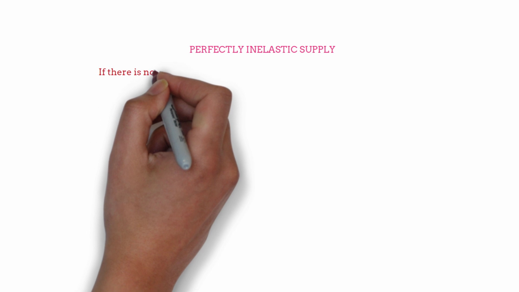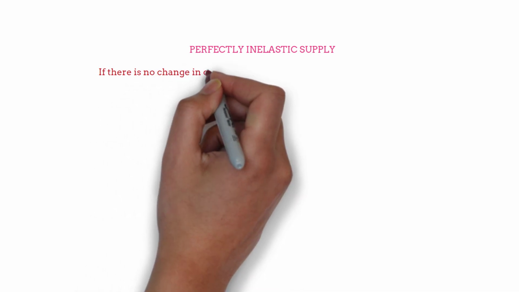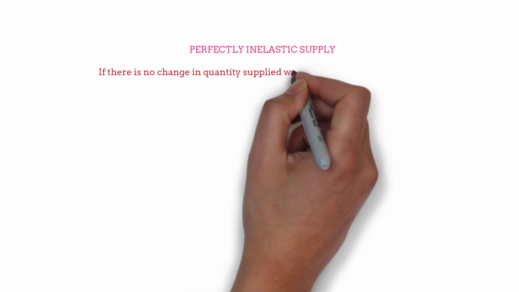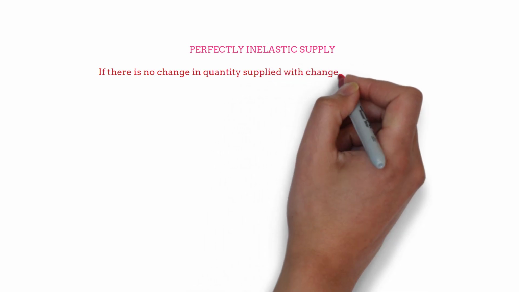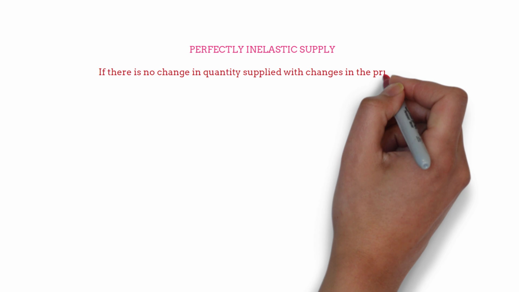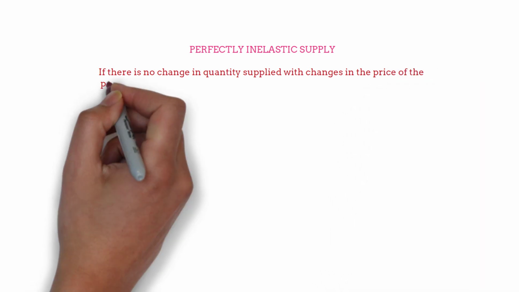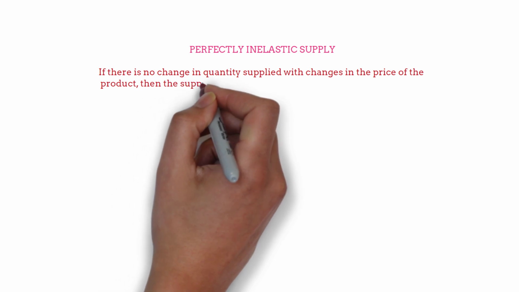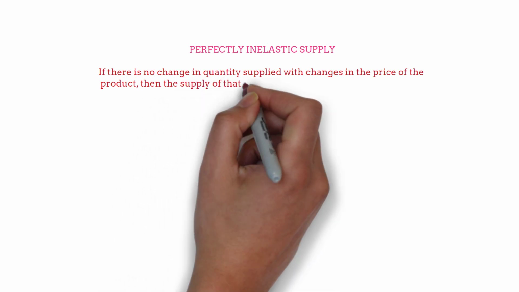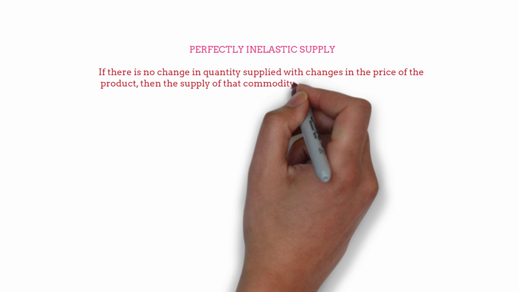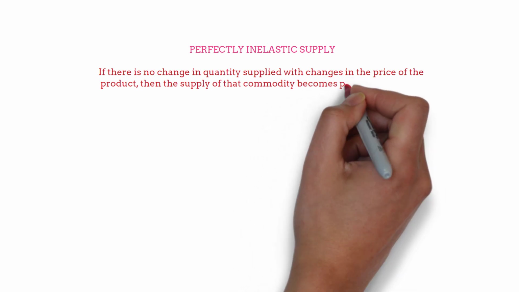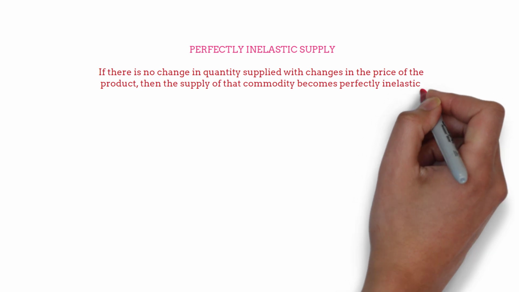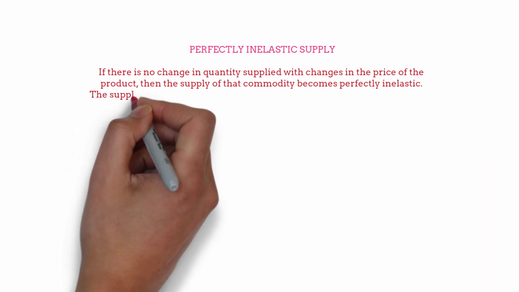And in the second case, perfectly inelastic supply. Inelastic supply indicates it's a vertical line parallel to y-axis. If there is no change in the quantity supplied with a change in the price of the product, then the supply of that commodity becomes perfectly inelastic.